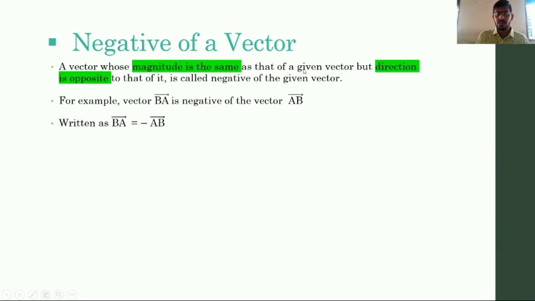Suppose the direction of vector A is from left to right, and we write vector B whose direction is opposite. It is again parallel, but the direction is opposite. So in this case vector A equals minus vector B.